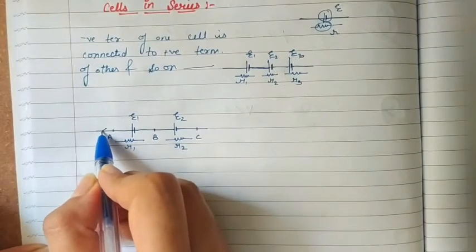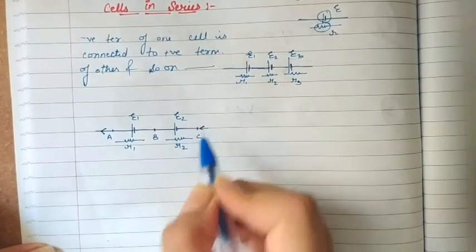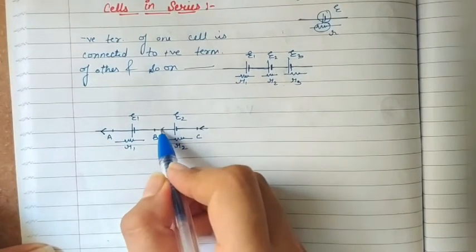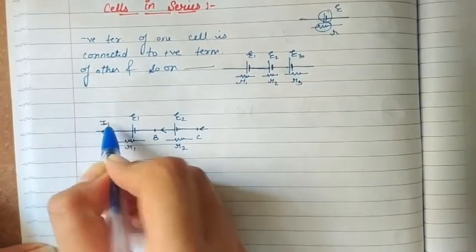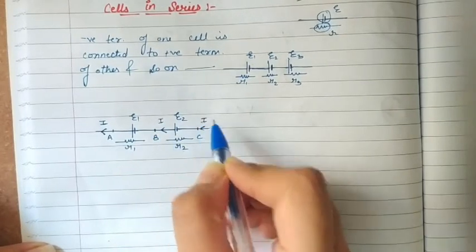So current will be drawn from positive to negative. Let this value of current be I.